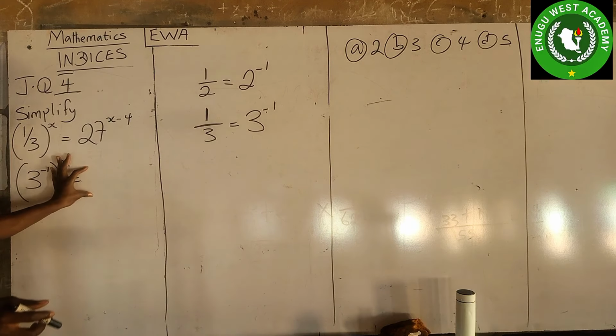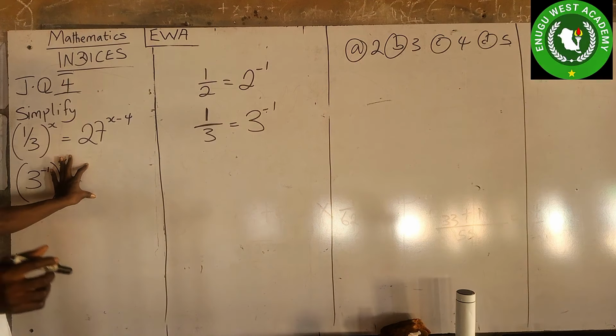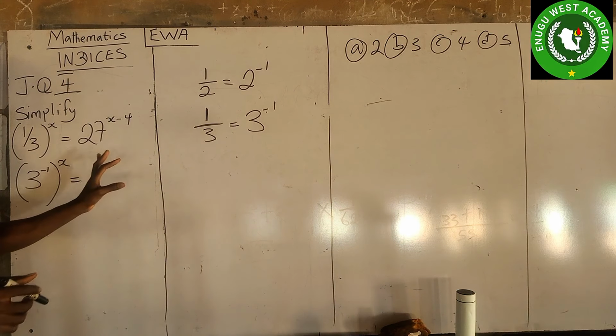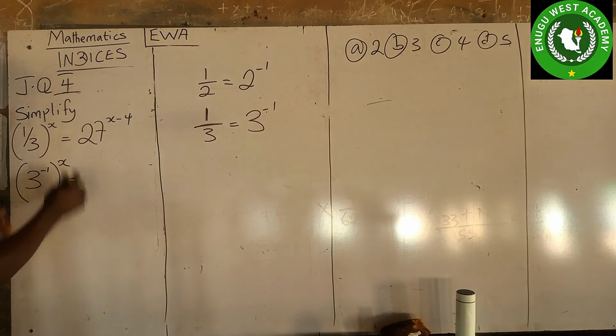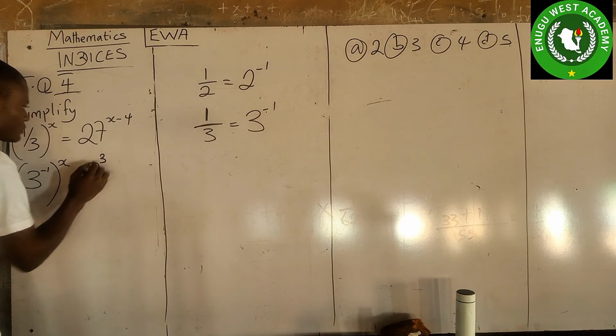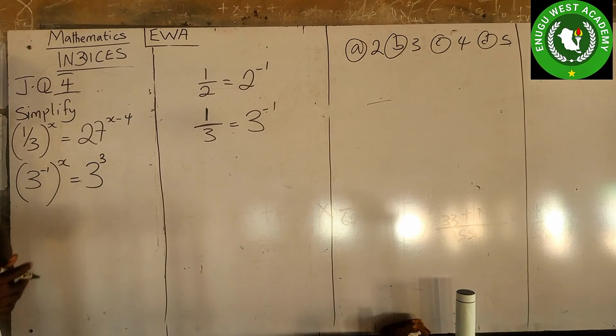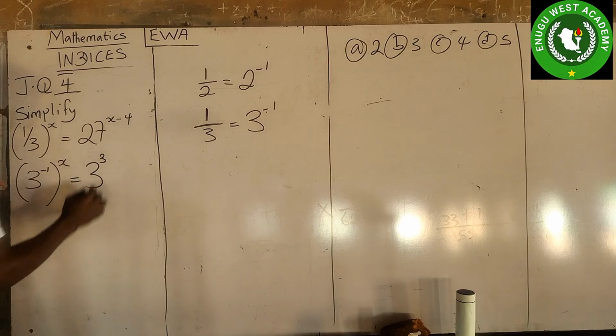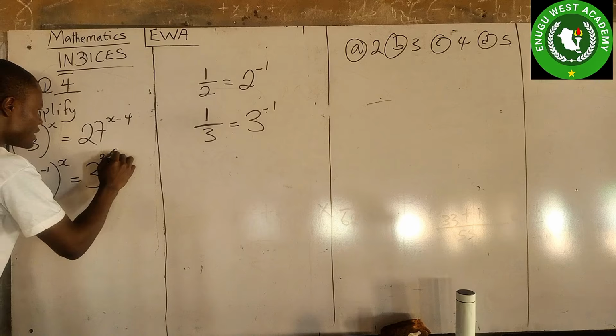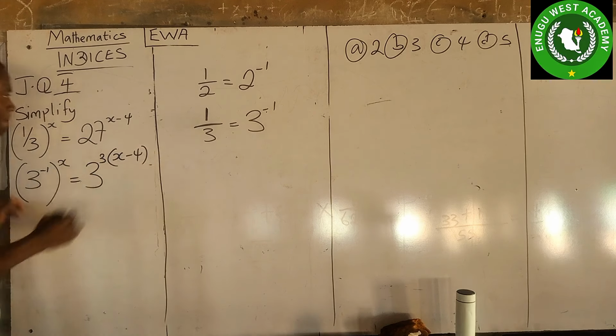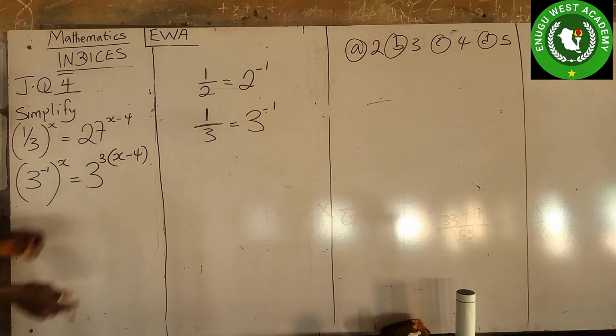It means we are also expected to have that same 3, so that we can equate the power. Now, we can have 3 raised to power 3, which is 27. Then we will now have x minus 4. 3 raised to power 3 means 3 times 3 times 3, which will give you 27.